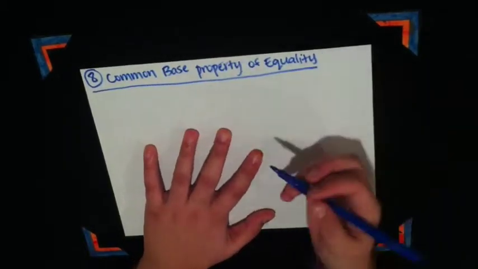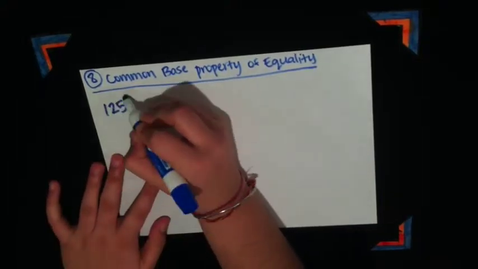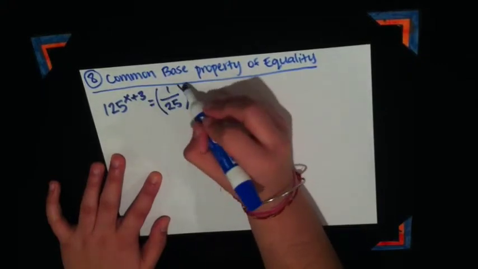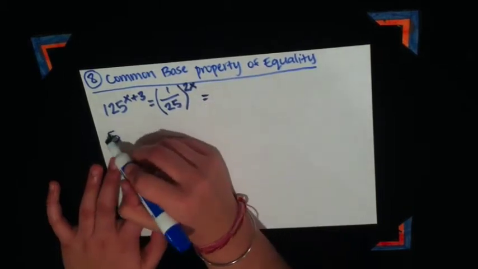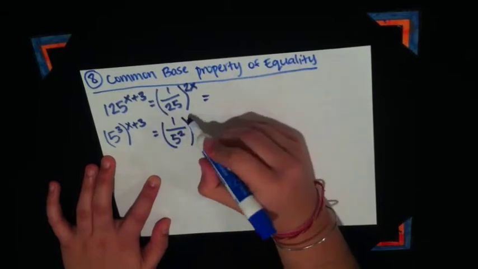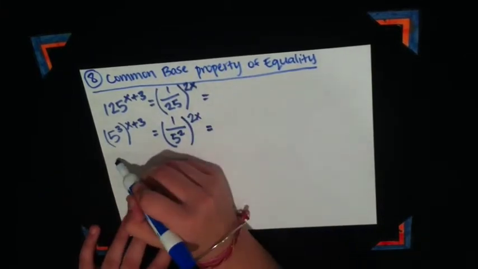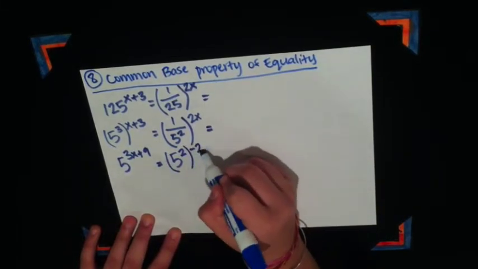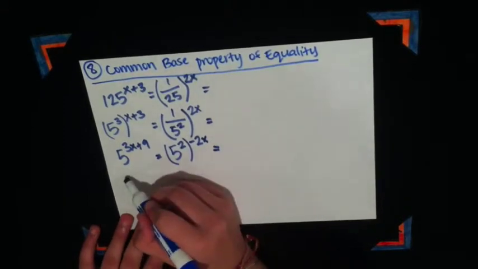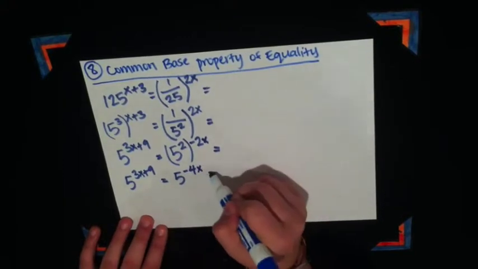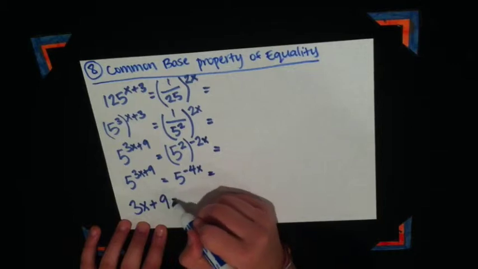Let me show you an example. 125 to the x plus 3 power equals (1 over 25) to the 2x power, which equals (5 to the third power) to the x plus 3 power, and (1 over 5 to the second power) to the 2x power. 5 to the 3x plus 9 power equals 5 to the second power to the negative 2x power. 5 to the 3x plus 9 power equals 5 to the negative 4x power, which equals 3x plus 9 equals negative 4x.